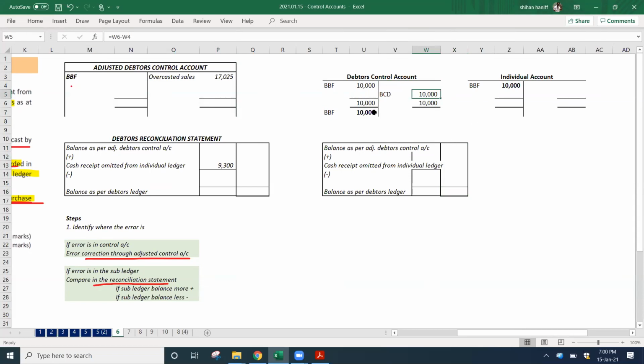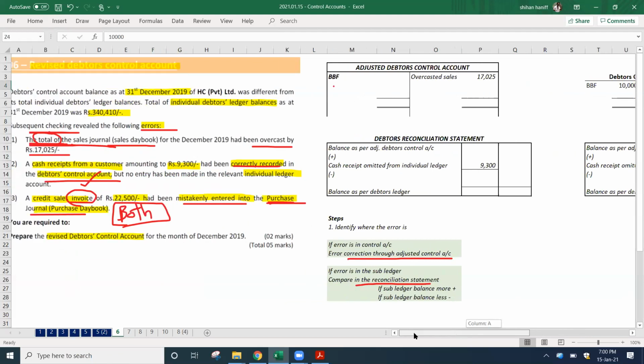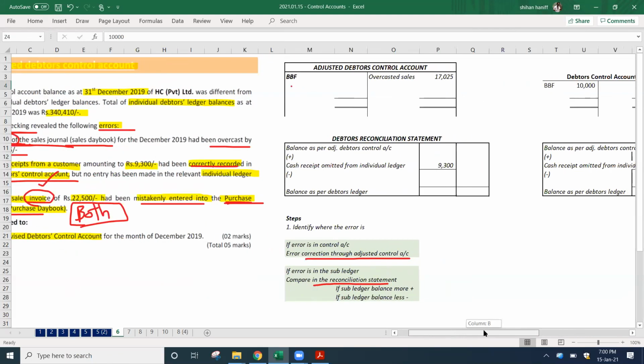Now this was not recorded anywhere. Therefore, debtors control account balance also 10,000, individual account also 10,000. This was not recorded. And this is the sales invoice 22,500.